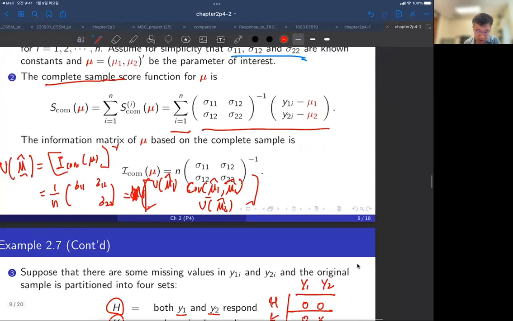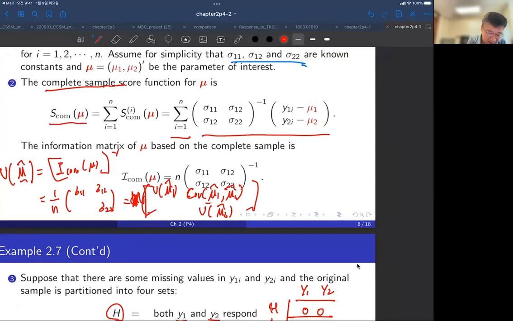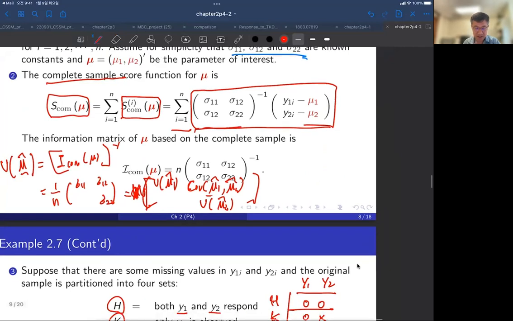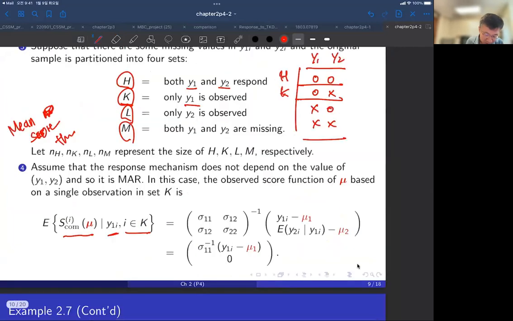So we now decompose the complete sample score function into n components, 1, 2 through n, and each one has this form. Now you want to take the conditional expectation of this, conditional on Y1.